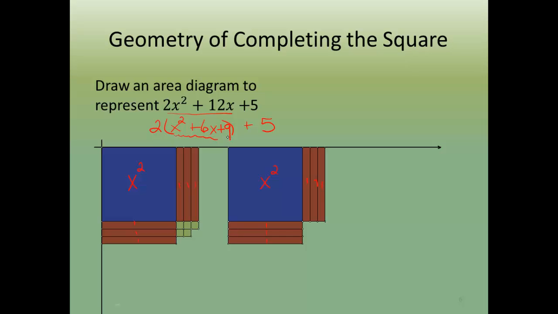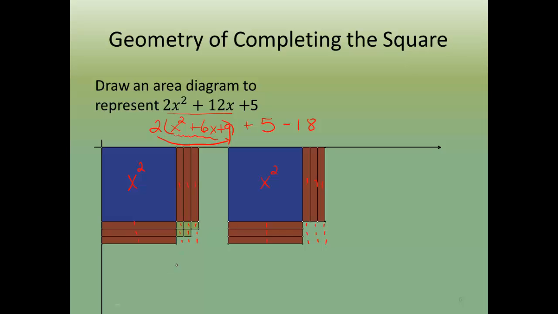I want to add 9 inside the parentheses, but wait, 1, 2, 3, 4, 5, 6, 7, 8, 9 in one, but I have 2 sets of 9. And so I didn't really add 9, I really added 18. To balance that out, I need to subtract 18.